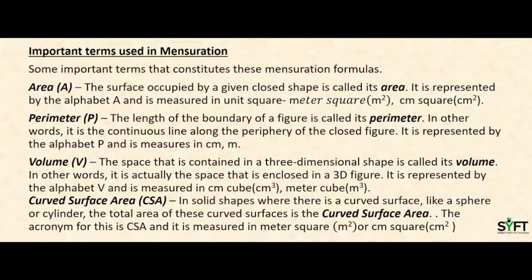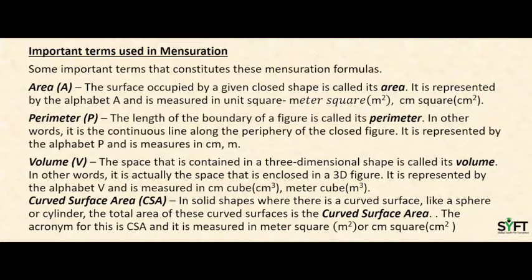Perimeter. The length of the boundary of a figure is called its perimeter. In other words, it is the continuous line along the periphery of the closed figure. It is represented by the alphabet P and is measured in centimeter and meter.